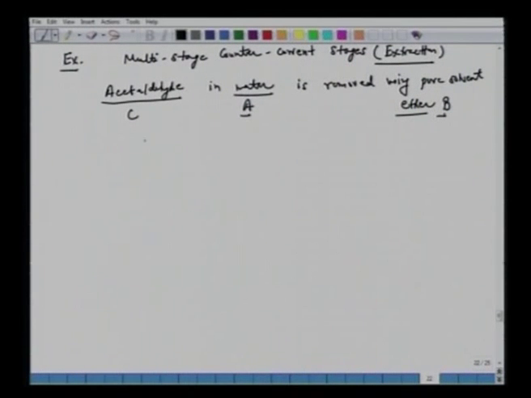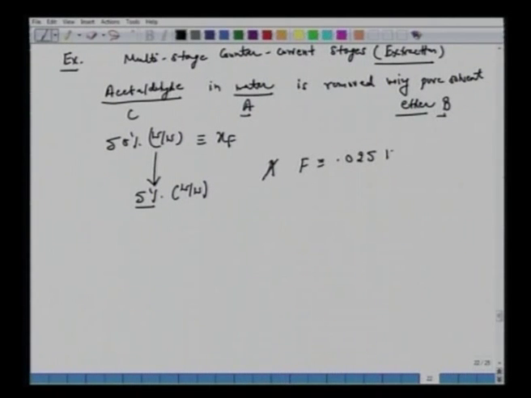The problem statement says the solute is 50% weight by weight. This is maybe XF, and we have been asked to treat this to bring it down to the level of 5% weight by weight. Solution flow rate, so this is A or F, F is 0.025 kg per second.